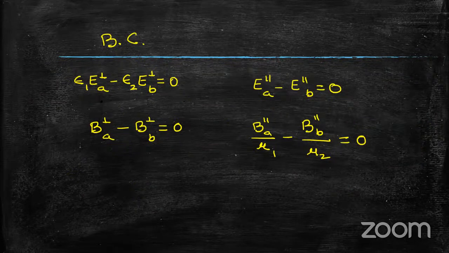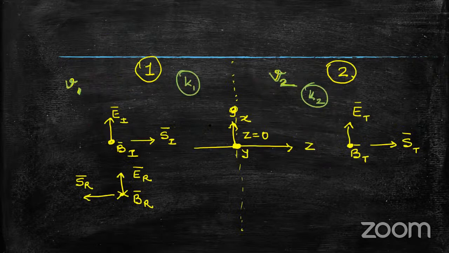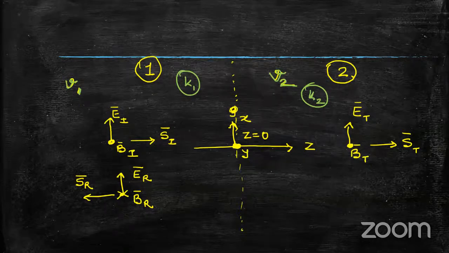Now here it will be epsilon 1 E_1 perpendicular minus epsilon 2 E_2 perpendicular is equal to 0, right? Similarly, the other things. Now, if you see here, what kind of component do we have? Do we have both components of E and B, or just a parallel component, or just a perpendicular?